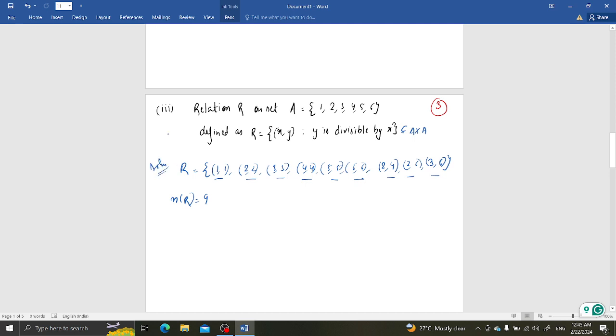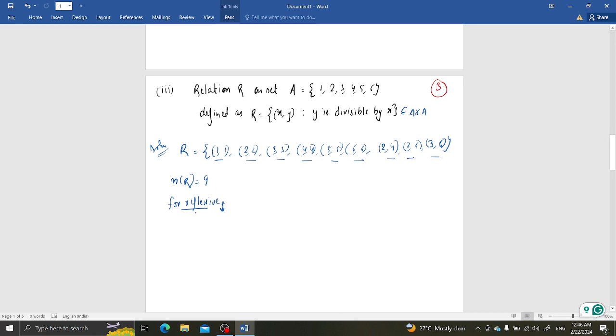Okay, now what we need to check? Reflexive. For reflexive, as you can observe, how many elements in A? 6 elements are there.